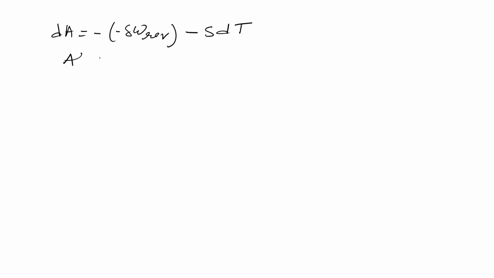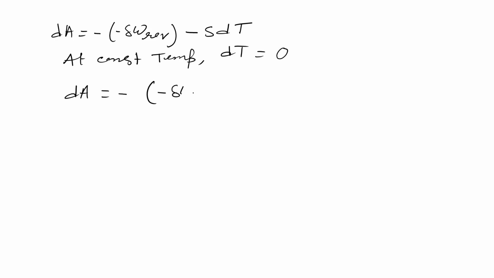Now at constant temperature, that means isothermal process, dT is equal to 0. So what we can write? dA is equal to minus of this total reversible work done by the system. Total reversible work means mechanical plus non-mechanical, that means work of expansion plus work of non-expansion.